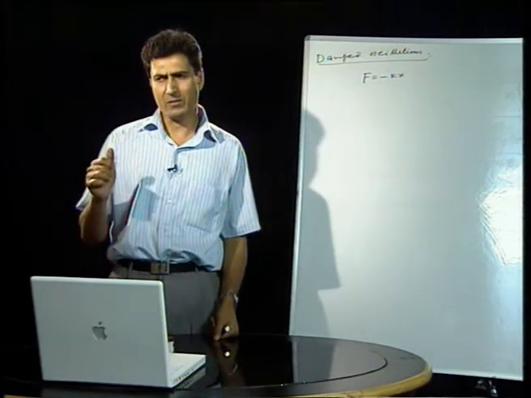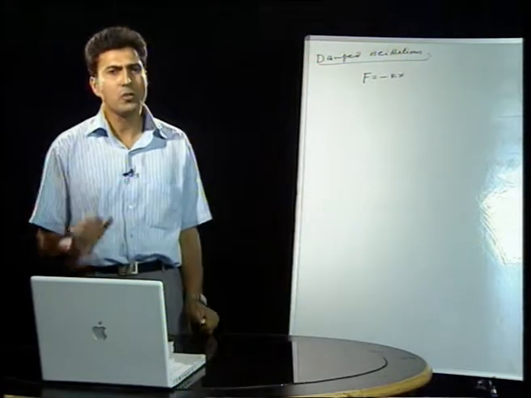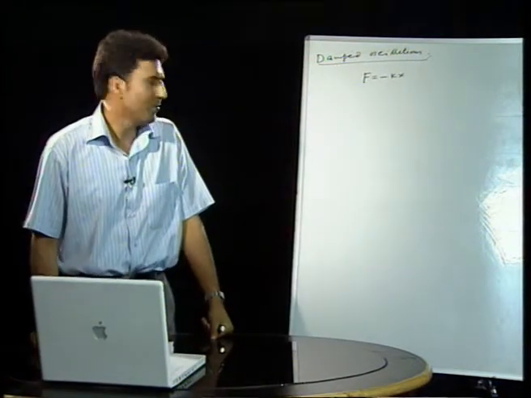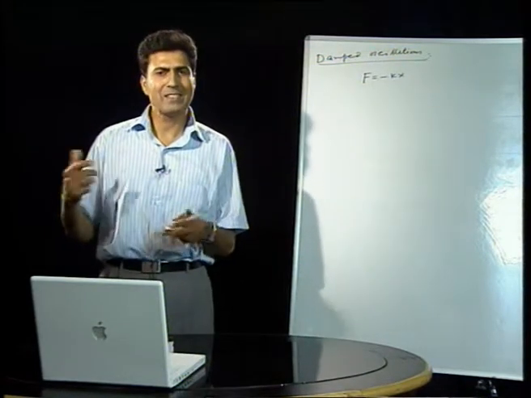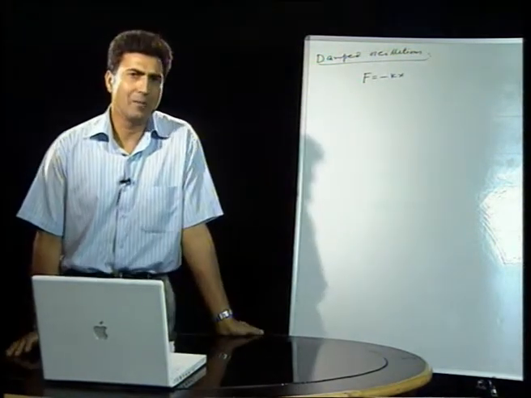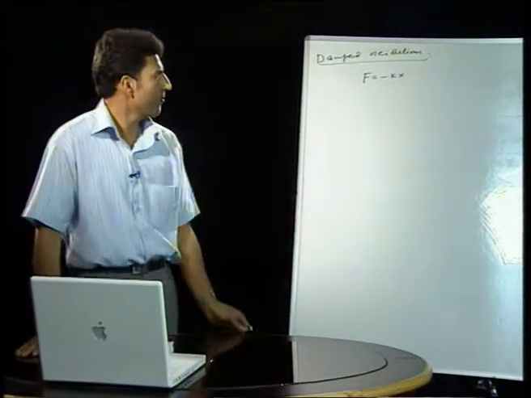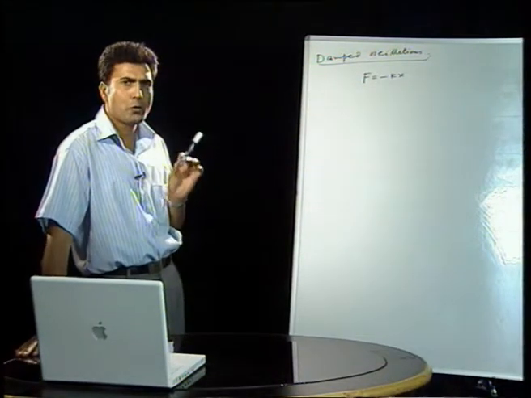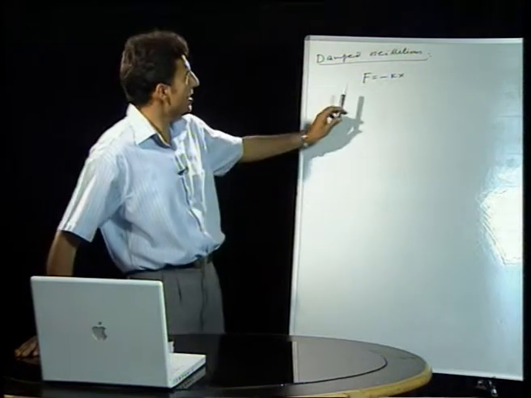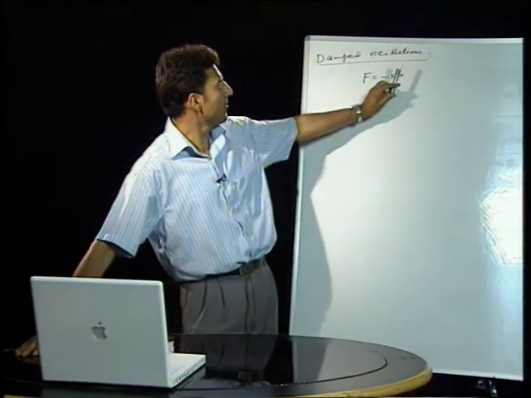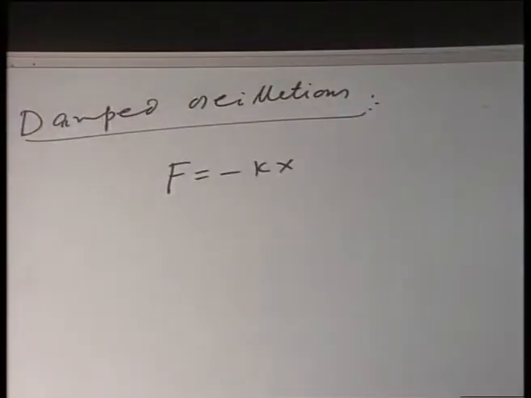So the damping or the resistance offered by the surrounding medium should be proportional to the velocity, because the more the speed of the particle, the more is the damping, the more is the resistance offered by the liquid to the motion of the object. So the damping force should be proportional to the velocity of the object. Here we write F is equal to minus kx, and we have to write a third term which is responsible for damping.